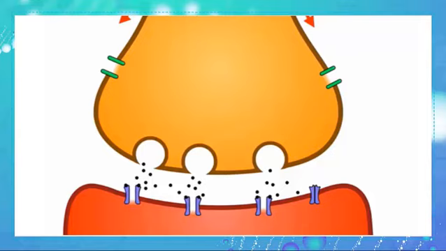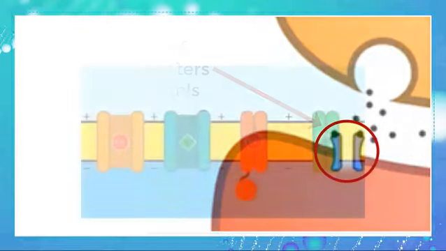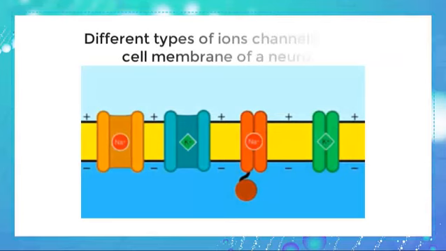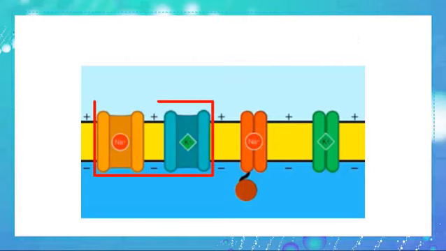Now let's talk a little bit more about these receptors. Actually, the receptors of neurotransmitters are ion channels. Remember when we discussed the different types of ion channels present in the membrane of a neuron? Back in document 1, you've already studied the leak ion channels and their role in creating a resting membrane potential.